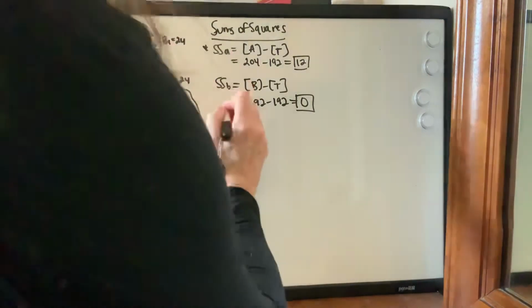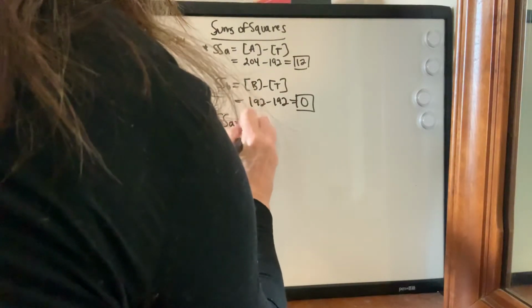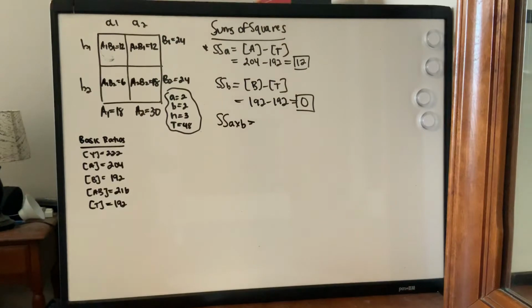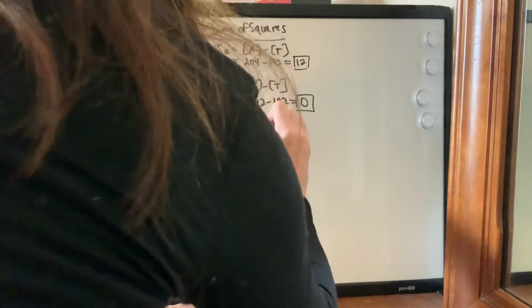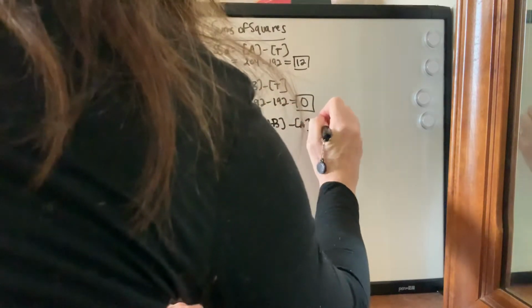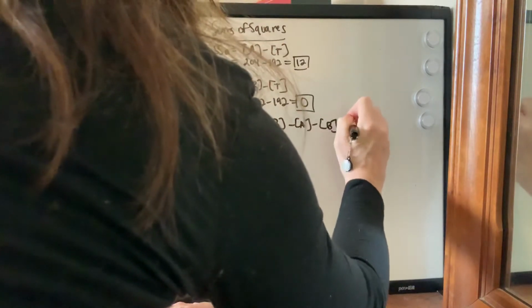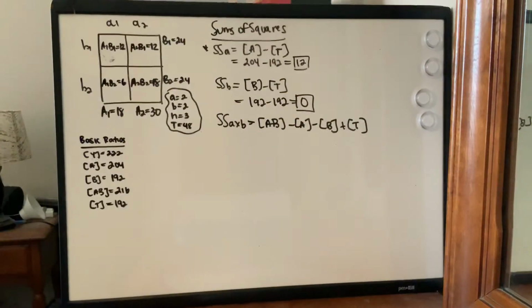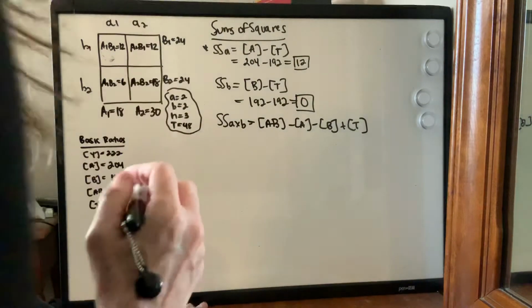All right, our next sum of squares is our sum of squares A times B. And if you remember from the repeated measures ANOVA, we had a sum of squares A times S, and that was one of our more complicated sums of squares. This is our most complicated sum of squares in this problem. So the sum of squares A times B, the formula for this is AB minus A minus B plus T. Don't forget, you're adding in that T, you are not subtracting it.